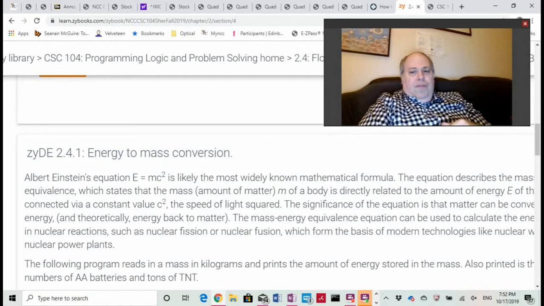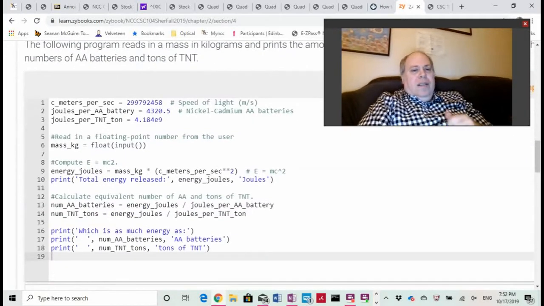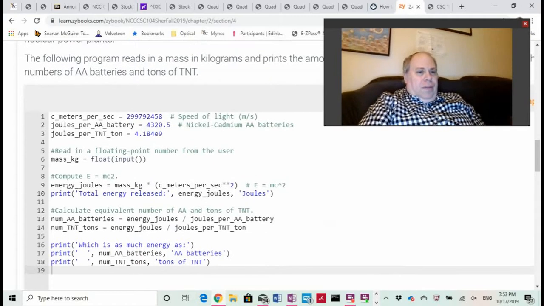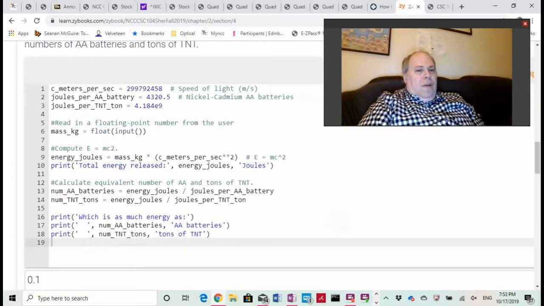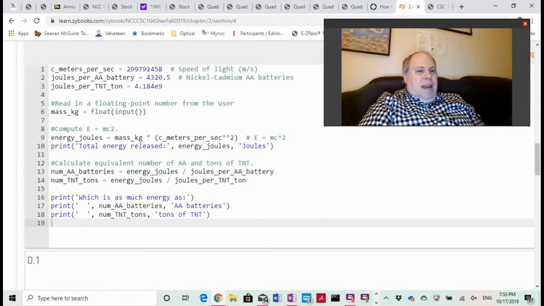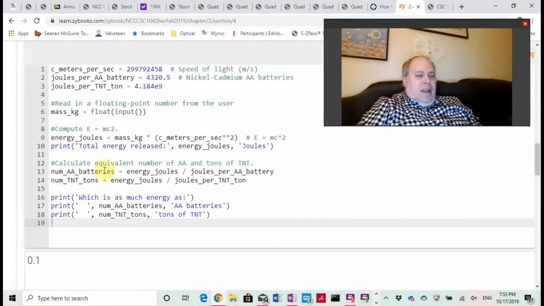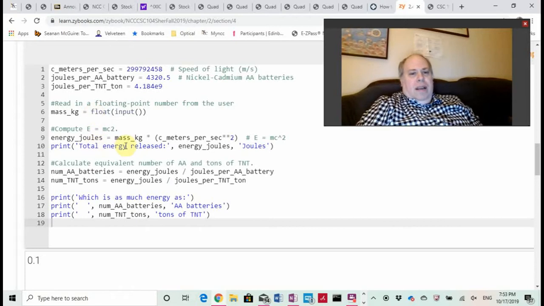So we can change things from, okay, so we're going to read a floating point number that's mass, and we're going to show how much energy is in it. Okay, just to be annoying.